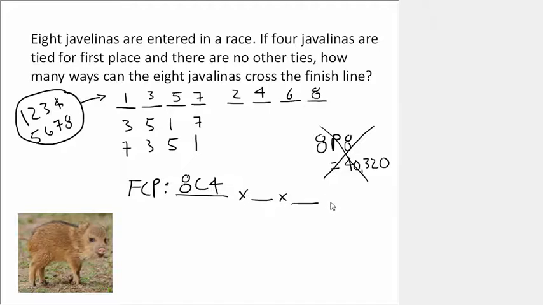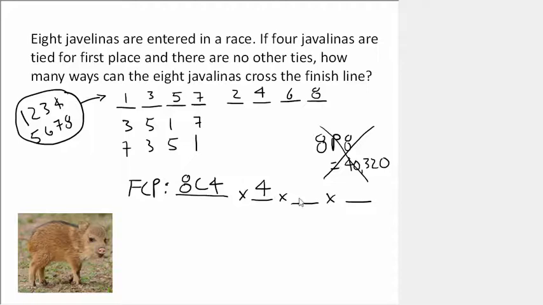All right, FCP says we multiply these other things together. We've got 1, 2, 3, 4 others. We've already used 4 of our animals. So how many ways can the 5th place javelina be selected? Well, there's 4 left. We've already used 4 for the first 4 in first place.